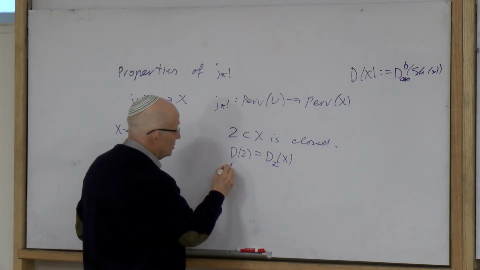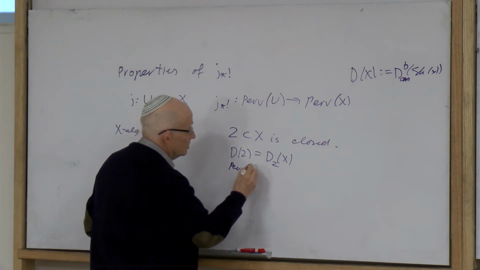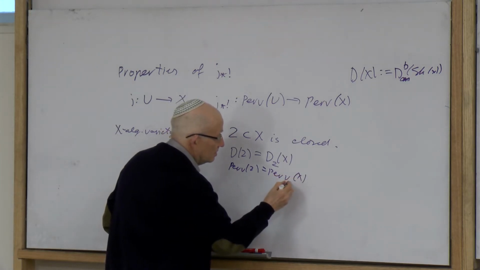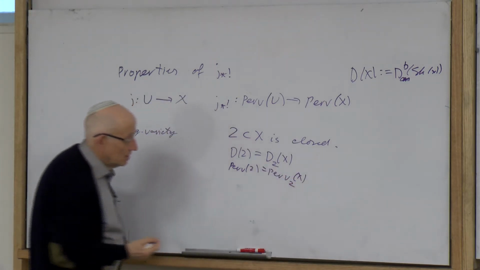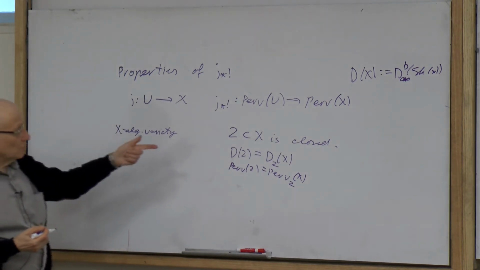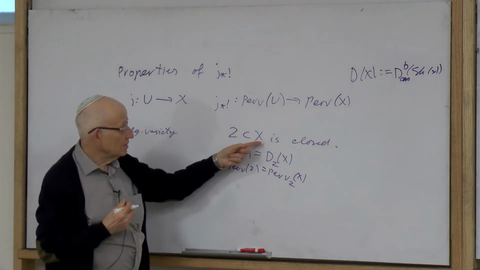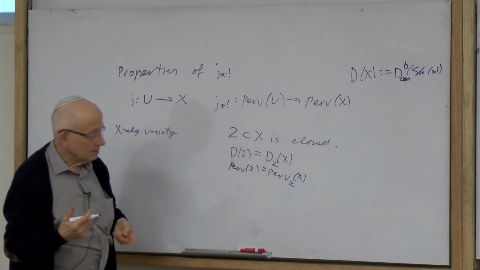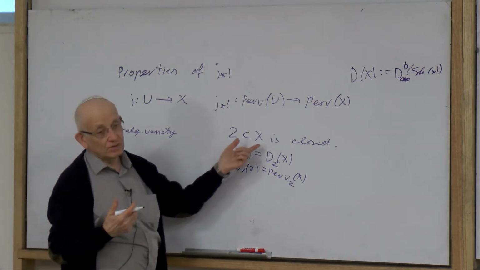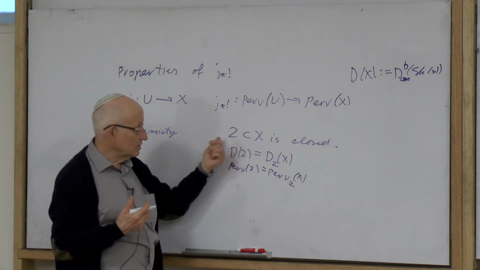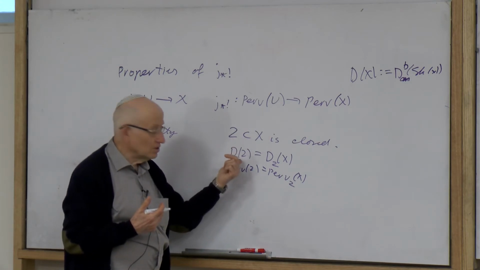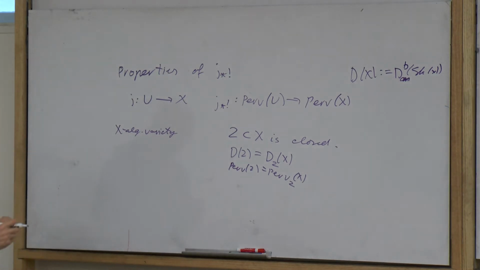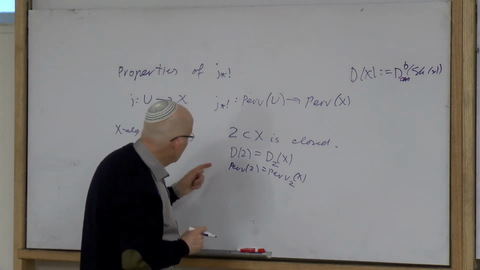And after this identification, perverse of Z is equal to perverse of X supported on Z, and so on. And the same is with D-modules. With D-modules, it's even more drastic: they are in fact well defined only for non-singular varieties. And so for singular varieties, we just give this as the definition of the left-hand side. One should show that it doesn't depend on embedding, but that's easier.